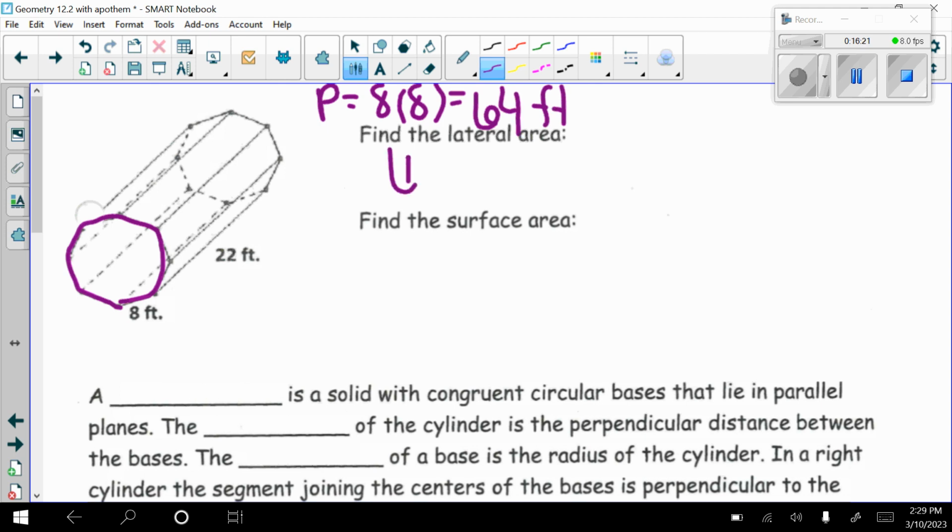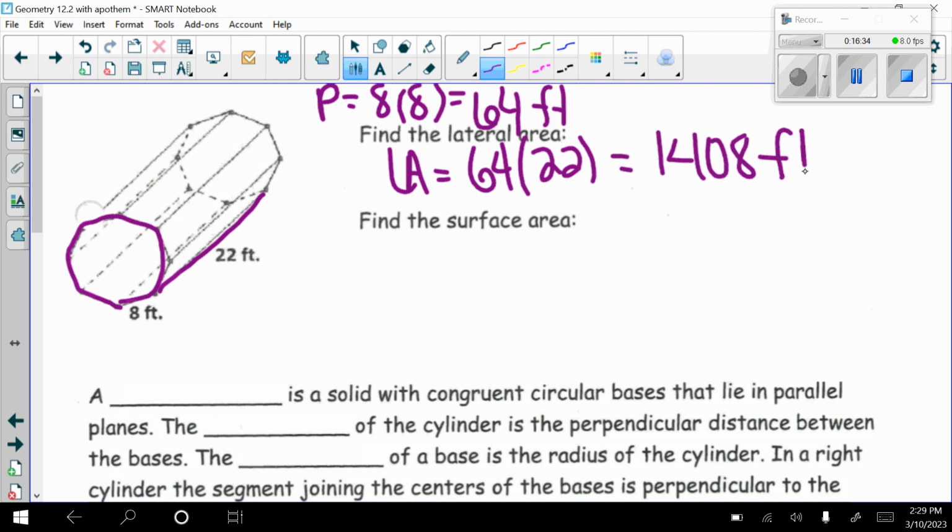So the lateral area is my perimeter, 64, times the height. The height of the prism is 22. So I don't need the apothem to find lateral area. So here my lateral area is 1,408 square feet. I want to find the surface area. I need to find the apothem here.